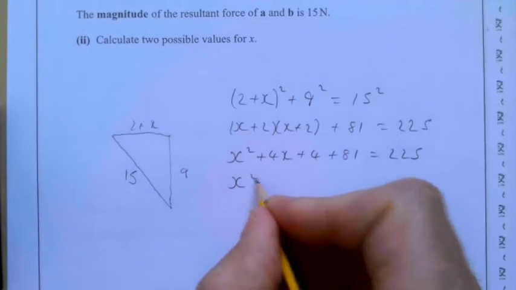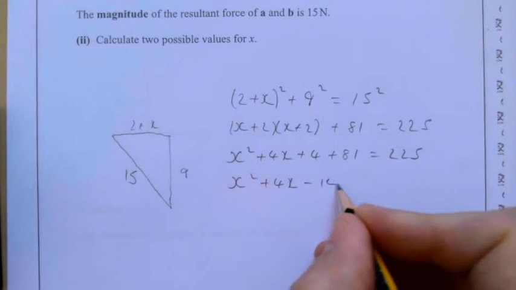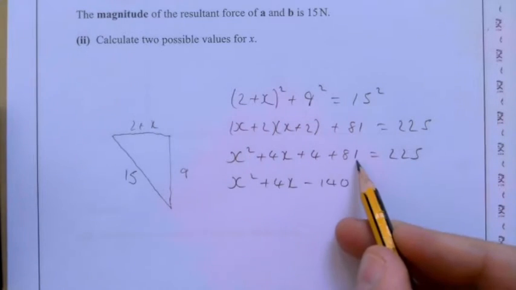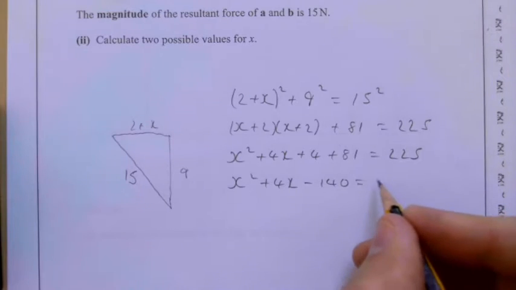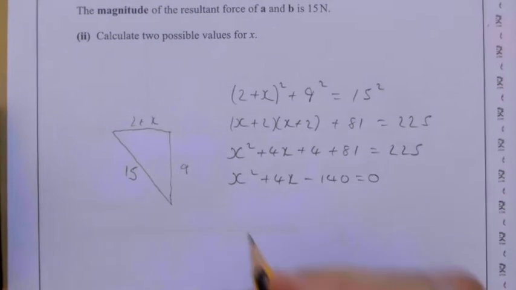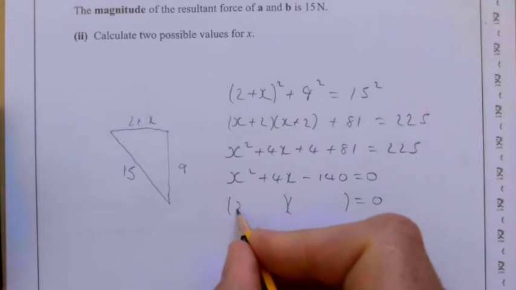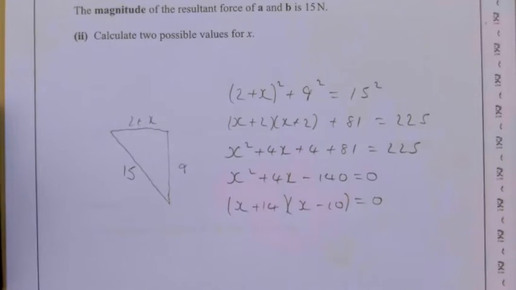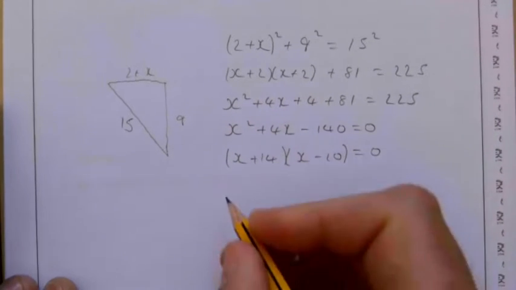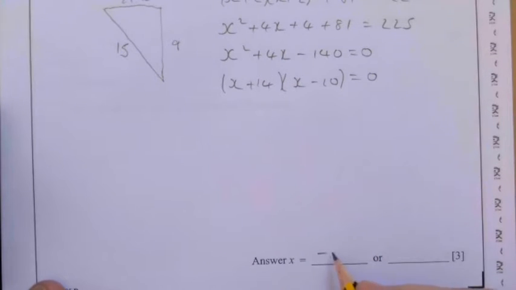Rearrange all this, we get x squared plus 4x minus 140. Where am I getting that from? That's the 4 plus the 81 is 85, and then take away the 225 from both sides, equals 0. That factorizes reasonably straightforwardly. So we would have x plus 14 and x minus 10. So that means x is equal to minus 14, or x is equal to 10.